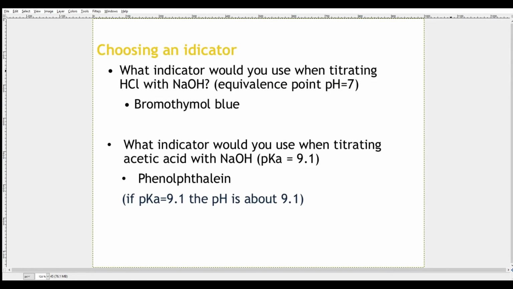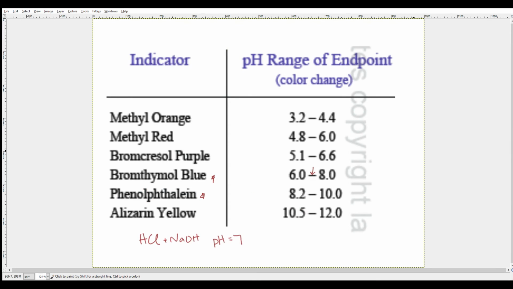Okay, well, what about if we're titrating acetic acid with NaOH, where they're telling us the pKa is equal to 9.1, and like we said earlier, if the pKa is 9.1, the pH is also about 9.1. So go back and look at your list and find, okay, which one has 9.1 lying somewhere in the middle there?